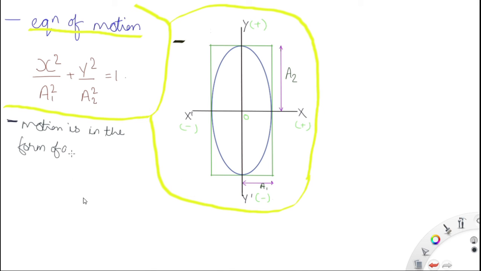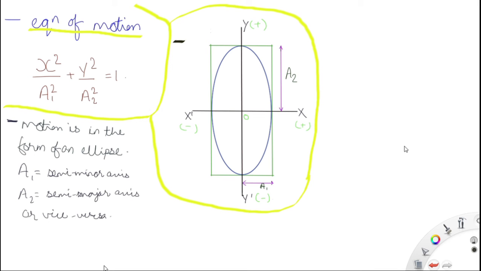Motion is in the form of an ellipse. A1 is the semi-minor axis and A2 is the semi-major axis, or vice versa. Whichever is the bigger one will be the semi-major axis.